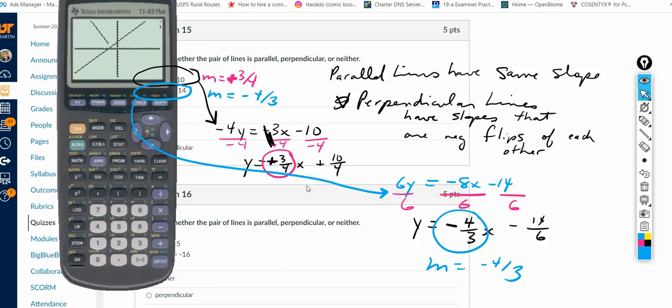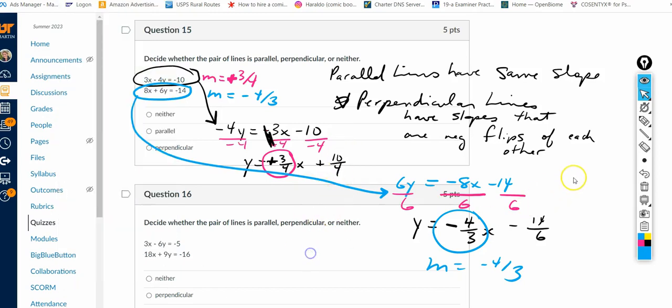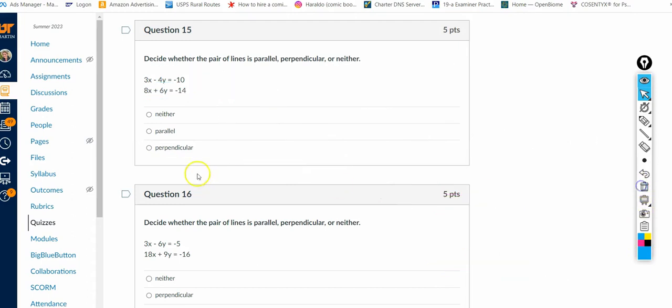In a standard window, it's not completely square, so your eyes might fool you into thinking that they're not perpendicular, but they are. It's better if you know the theory than to put so much faith in a graphing calculator and then have it fool you. So these two lines are perpendicular.